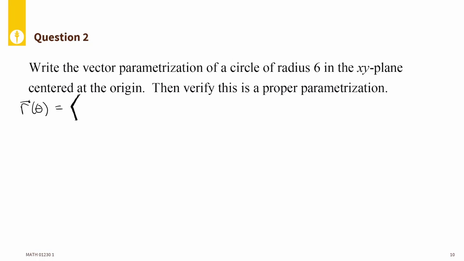What was it? 0. Centered at the origin. What's R? That's the 6. Y component. What's b? 0. Centered at the origin.